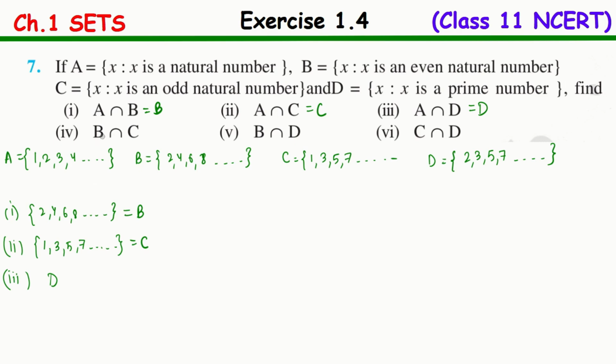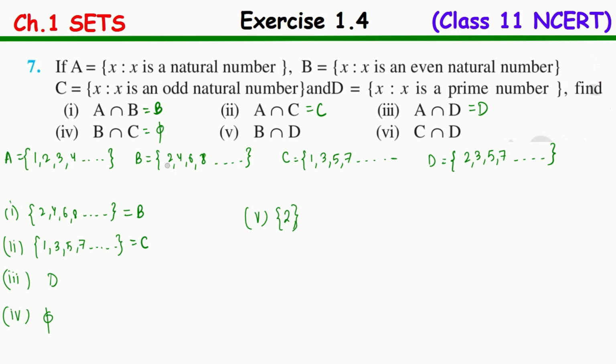Then we have the intersection of B and C. You can see there is nothing common in B and C, so the fourth part will be empty. Then we have to find the common elements of B and D. The common element is 2. Except 2 nothing will be there, because D is prime numbers and B is even numbers.